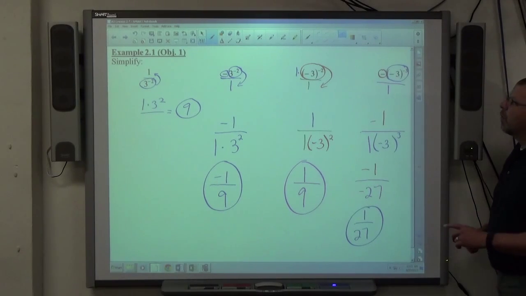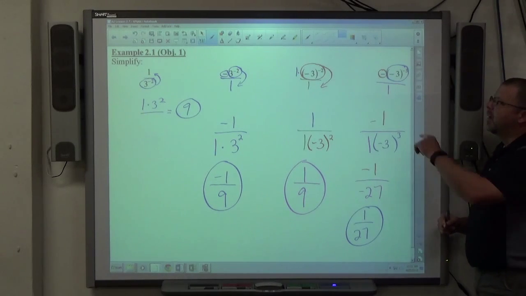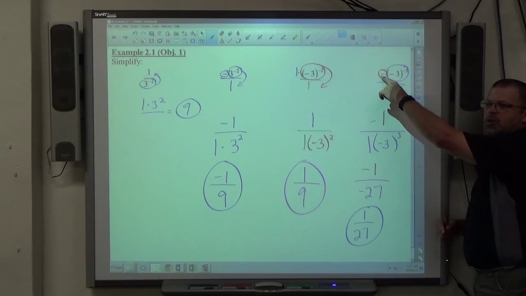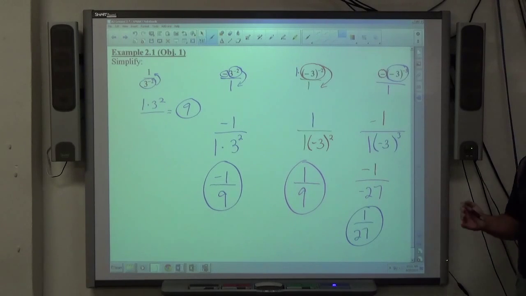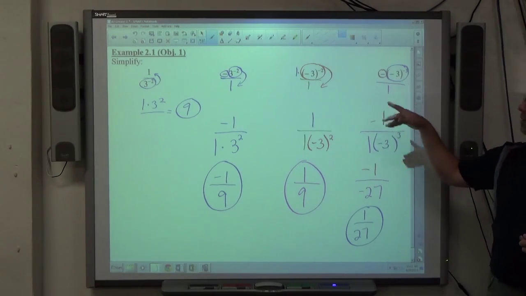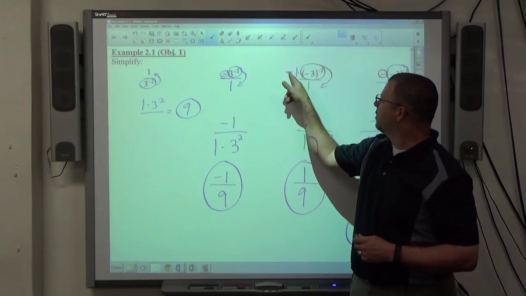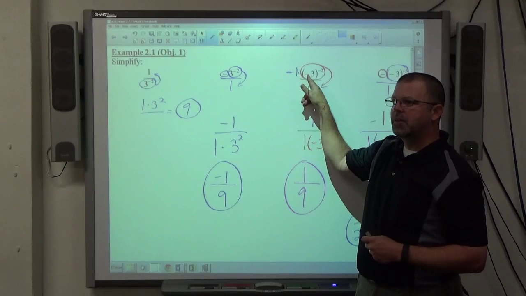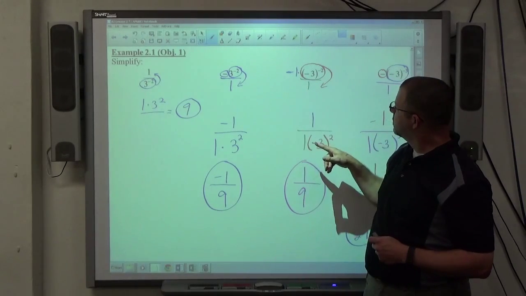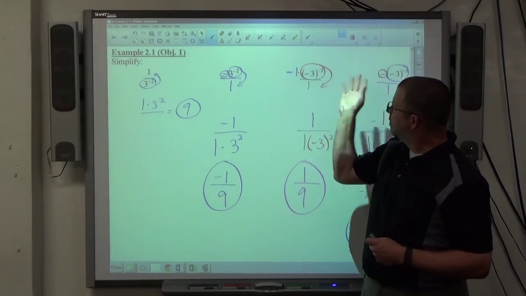All right? Now, one thing that people do improperly is they try to deal with a negative situation before they deal with the power. In this case, it works out because this power expression ended up being negative anyway, so that's fine. But usually it doesn't work.